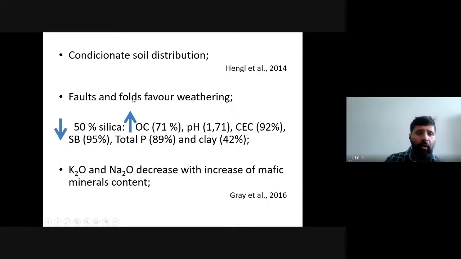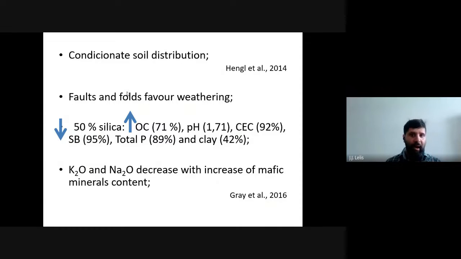Faults also are present in areas that have a lot of pressure, and if you pressure some rocks, you also can form pegmatites and other materials that also have different resistance to weathering. So if you form pegmatite in an area that has a lot of gneiss, these pegmatites present a higher resistance to weathering.